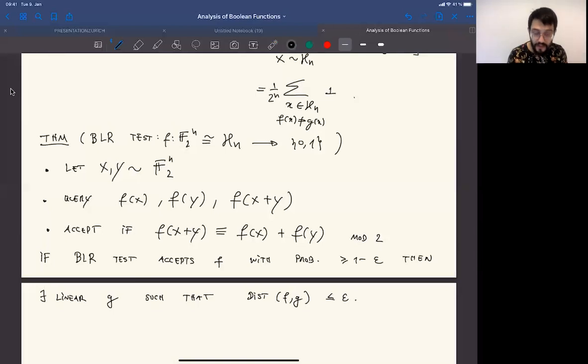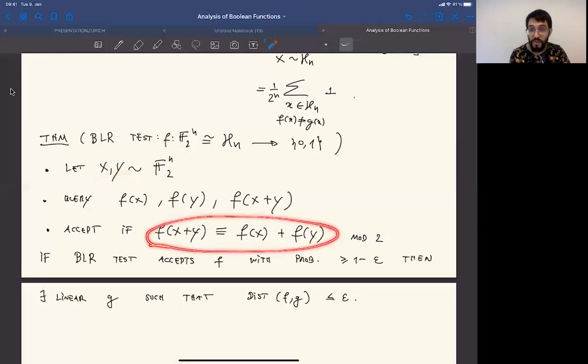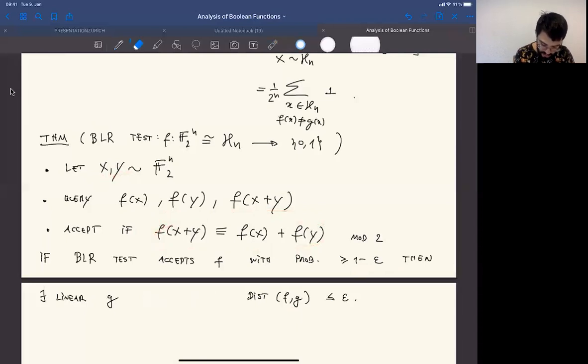So what's the BLR test? It is to test when a function is close to being linear. And what you can do is simply randomly select inputs x and y, uniformly distributed, and you test when this happens. And if this happens 1 minus epsilon of the time, then that means that you can actually cook up a g such that the distance of f to g is less or equal than epsilon. Okay. So it's g linear. Okay, but maybe I should say what it means to be linear.